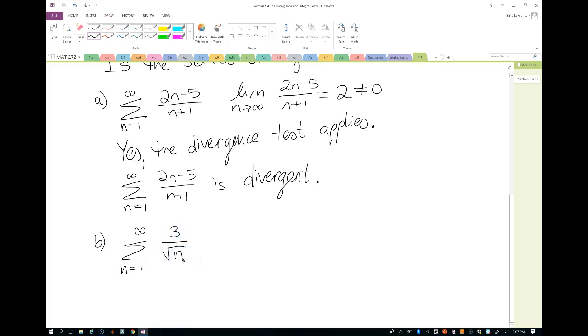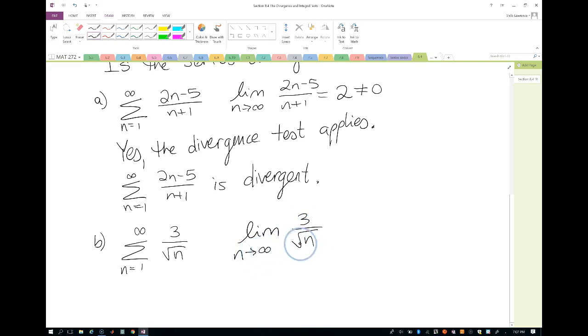The sum from 1 to infinity of 3 over the square root of n. We want to know if the divergence test applies and if we can definitively state that this series is divergent. Because of that, the first thing that we check is the limit as n approaches infinity of 3 over square root n.